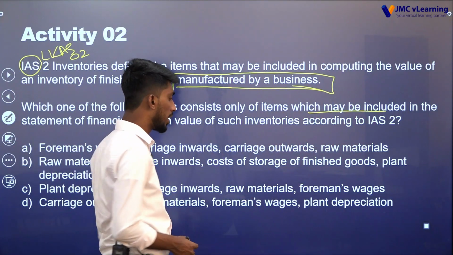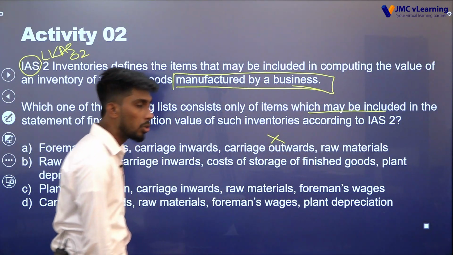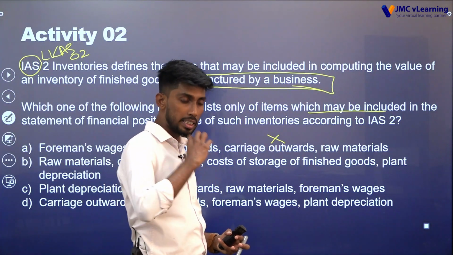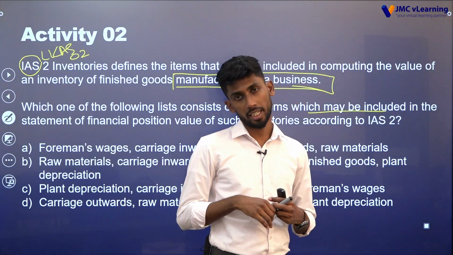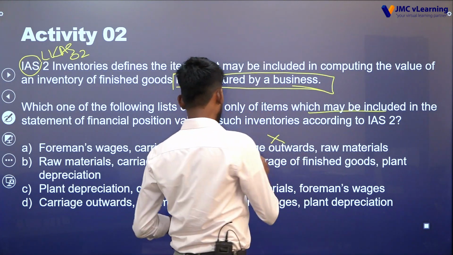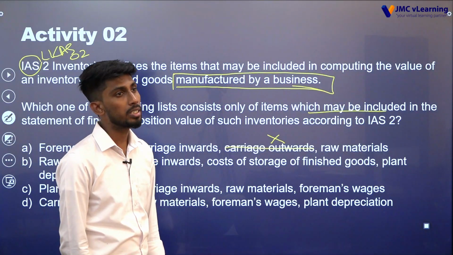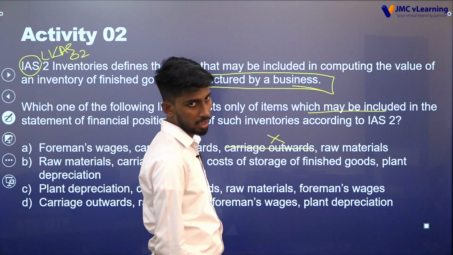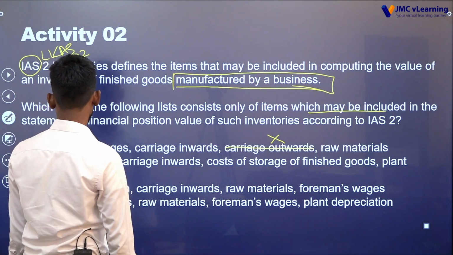We can include that. Carriage outwards, we can't include. Why? Carriage outward means the cost that we incur to distribute goods. Those are distribution expenses. And the raw material cost can be included. Therefore, A will not work out.